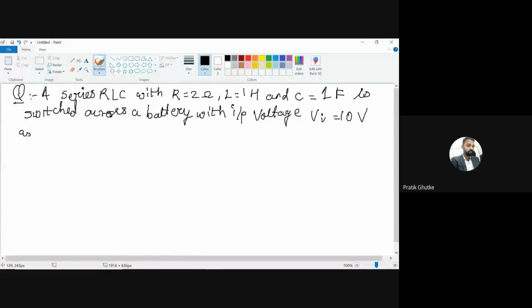As shown in figure. So the diagram figure they have given: this is your resistance R, then they have given an inductance and one capacitor is connected.